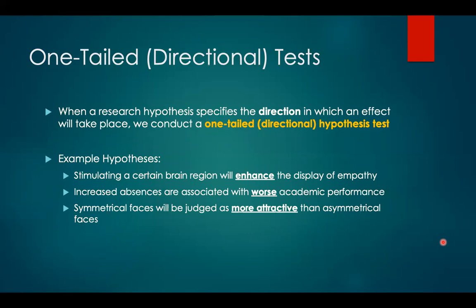Worse here is communicating lower academic performance. Number 3, symmetrical faces will be judged as more attractive than asymmetrical faces. So more attractive here is communicating higher attractiveness scores associated with symmetrical faces.